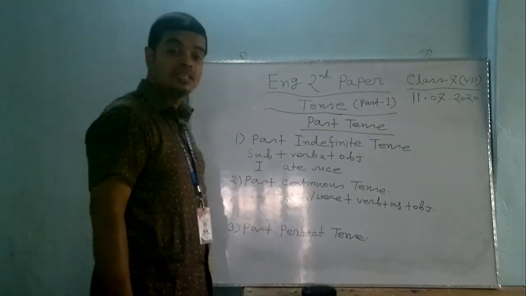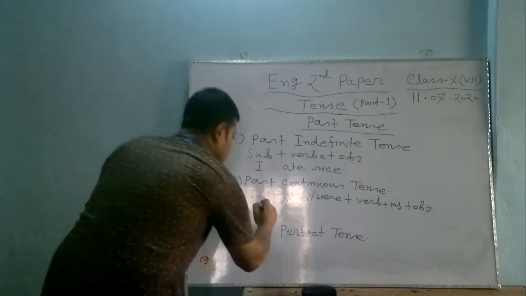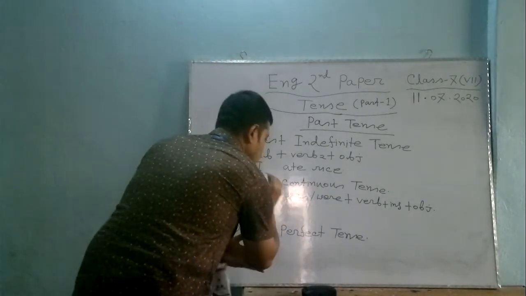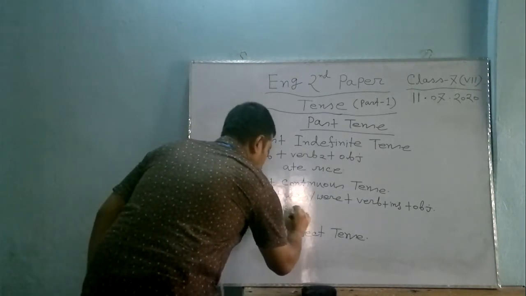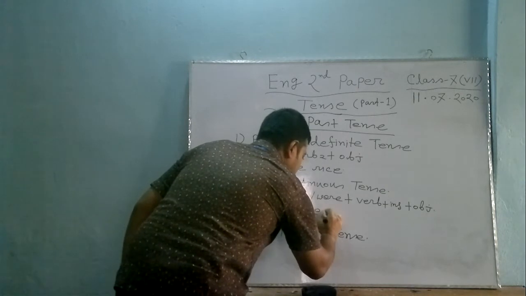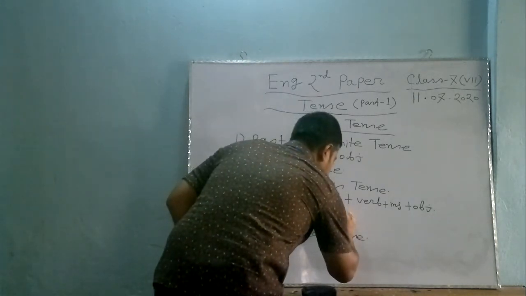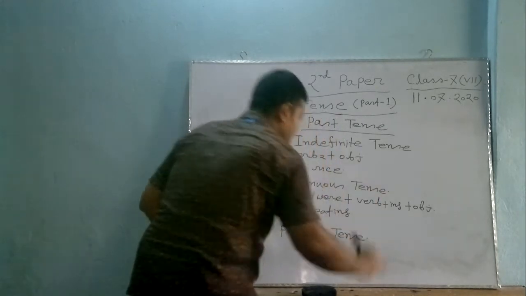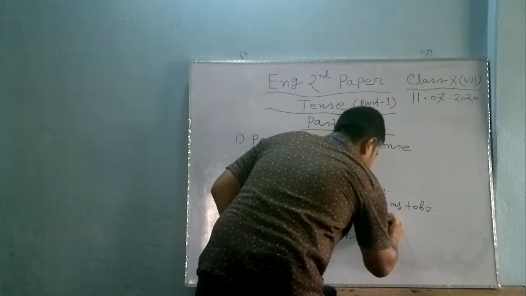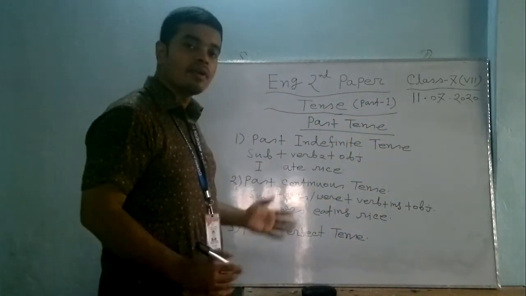Then the verb is added with ing and then the object. Subject is I. With I, we use the auxiliary verb was. Verb is eat, with adding ing. I was eating rice.